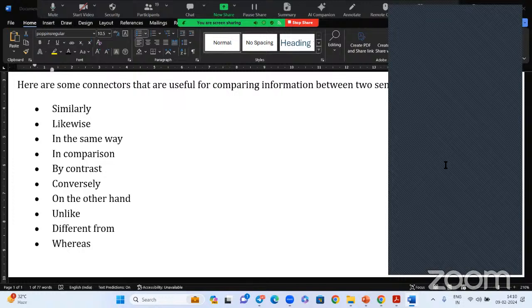Yeah, Rajni. Okay, I'll add your name. So similarly, the word number one is similarly. Come on, write down your sentences.